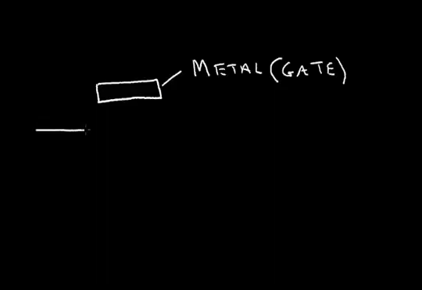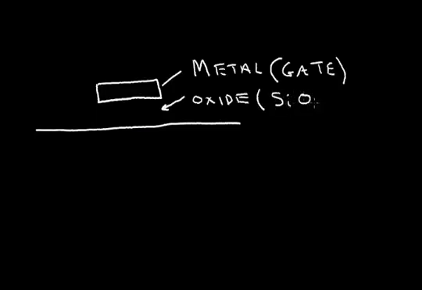Now next is the word oxide, and underneath this gate is an oxide. Which chemically is silicon dioxide, which is also just plain glass. So this oxide is an insulating material.